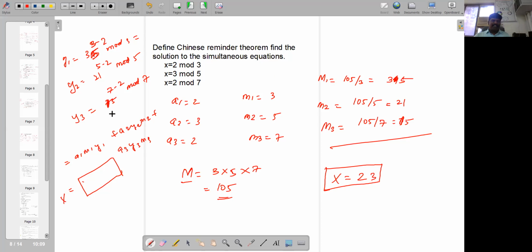Okay. So m3 is equal to 15. Okay, I just noted it. Okay. So the final x value is equal to 23, right?